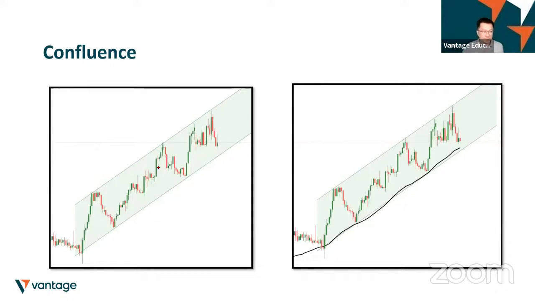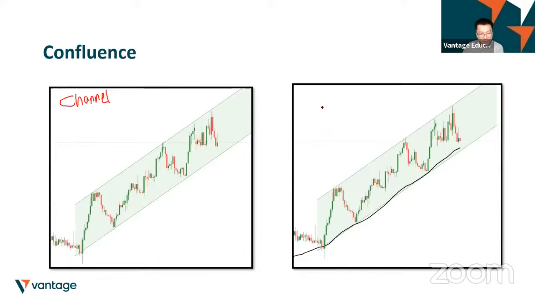In this case, we have one indicator, just the channel. Great. You gain some confidence as you see it move towards the upside. You see that channel pointing higher, you know that it's moving strongly up.